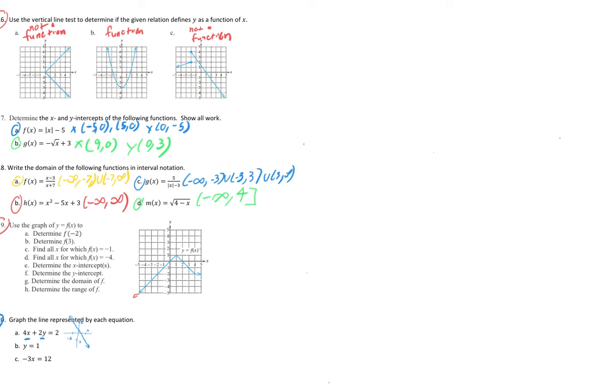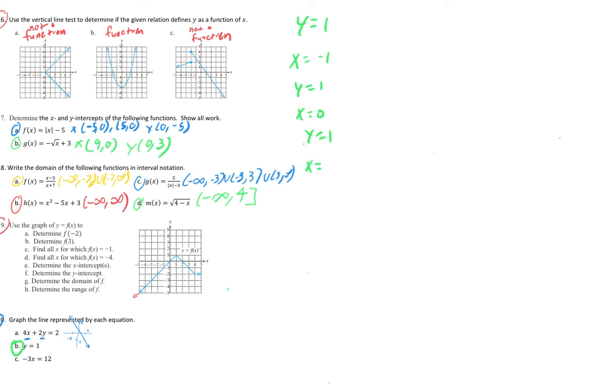On to part B. Get y equals 1. So when x equals negative 1, y equals 1. When x equals 0, y is also equal to 1.